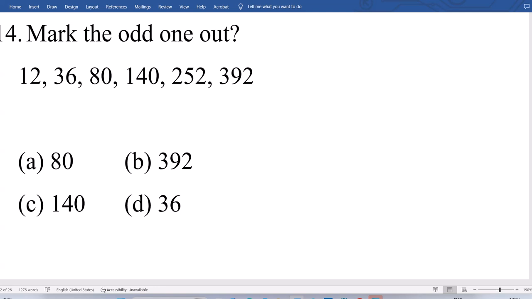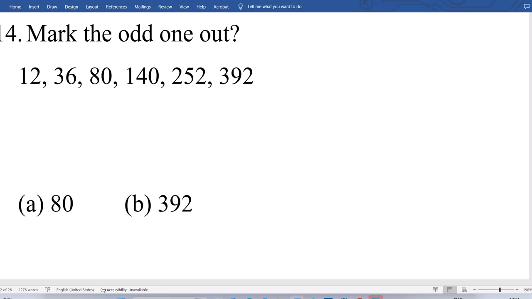In that series, one term is wrong. You have to identify that wrong term. Is the series slow increasing or fast increasing? Fast increasing. Then still 12 becomes 300 only. So it seems like a slow increase.